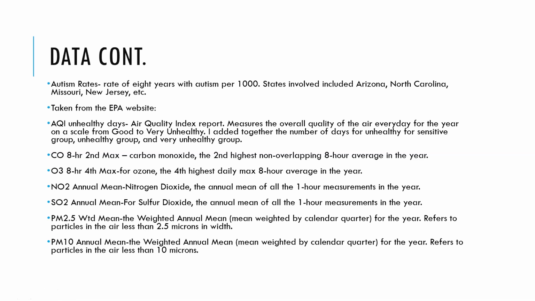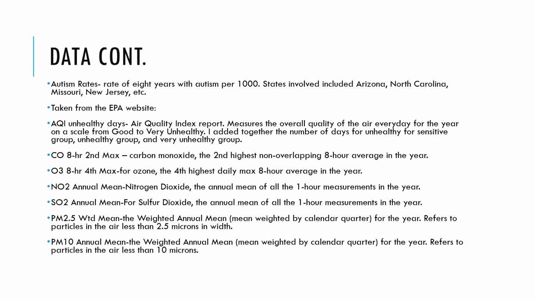Carbon monoxide was my next air pollutant, and I just used the 8-hour max average for that year. Same thing for ozone. For nitrogen dioxide, I used the annual mean. For sulfur dioxide, I used the annual mean. And then particulate matter less than 2.5 microns, and less than 10 microns. I was able to find data for that for all of the years I needed.